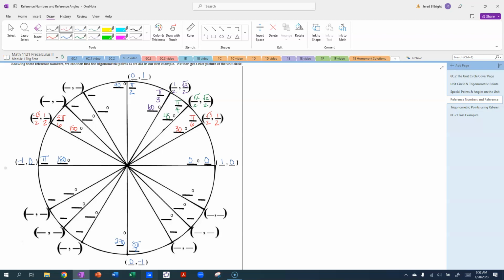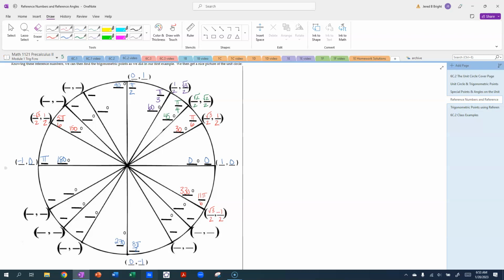And so now I can go ahead and say, okay, well, the reference number for 330 degrees, which is 11 pi over 6, is also pi over 6. So then I can use the coordinate that I got from pi over 6 and just translate it to the appropriate quadrant. So in quadrant 4, x is positive, so keep the x coordinate, and y is negative, so change it to the opposite sign.